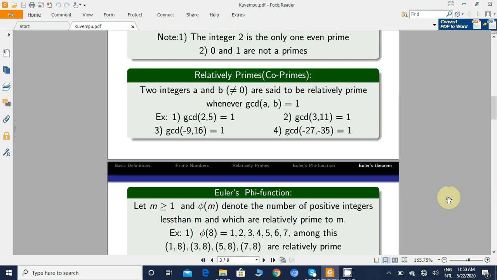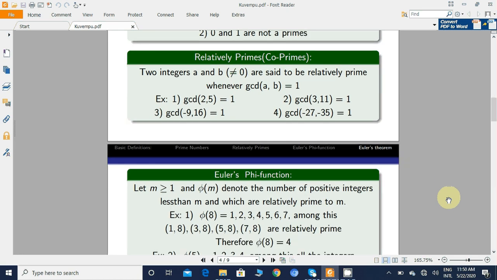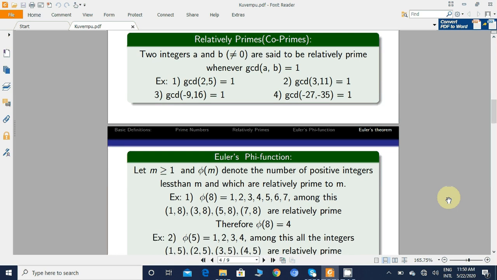Next, Euler's phi function. Let m be greater than or equal to 1, and phi of m denotes the number of positive integers less than m which are relatively prime to m. For example, take m equals 8. Let us write the numbers less than 8: 1, 2, 3, 4, 5, 6, 7.